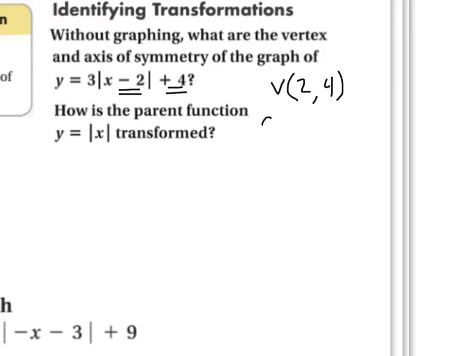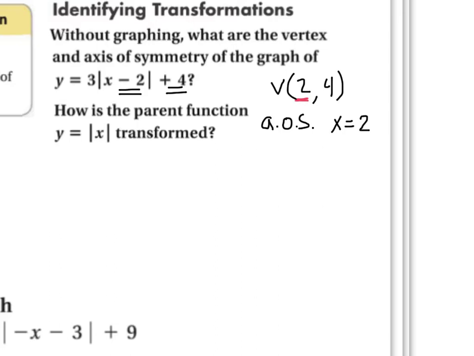The axis of symmetry, or AOS, is the line x equals what? 2. It's always the x-coordinate of your vertex. There's our axis of symmetry.